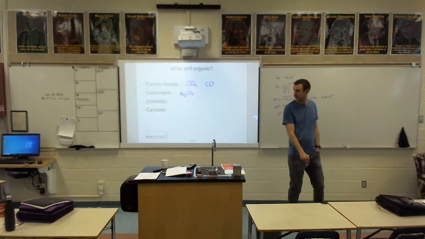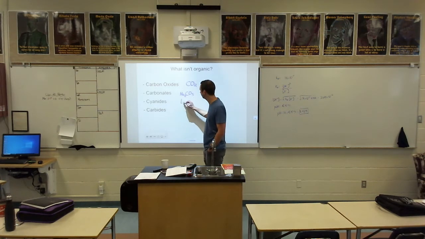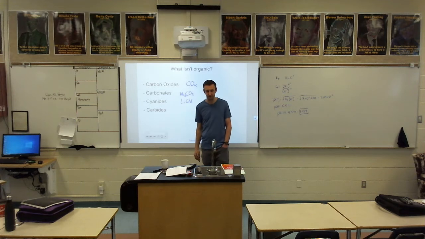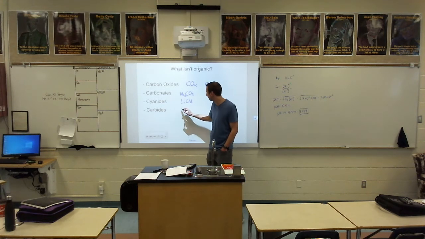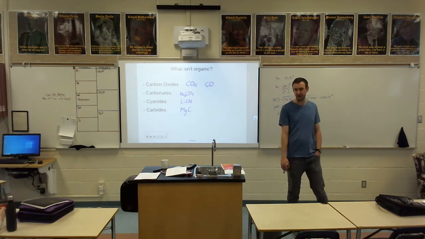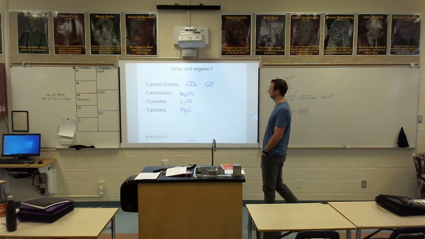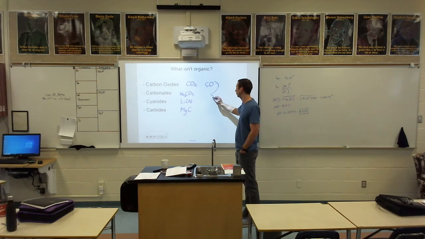That's a big no. Cyanides, so CN, something like lithium cyanide, LiCN, not organic. And carbides, this is when I have a metal matched with carbon, so carbon's acting as an anion. Something like magnesium carbide or tungsten carbide is not organic either. So none of those are organic.